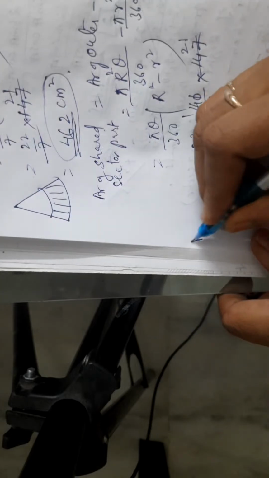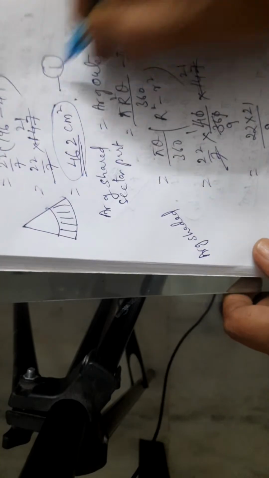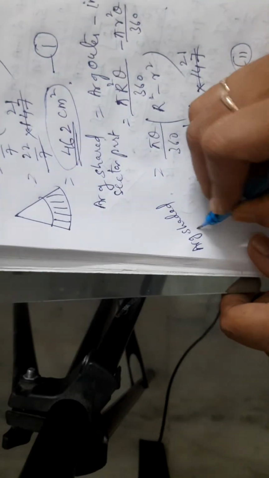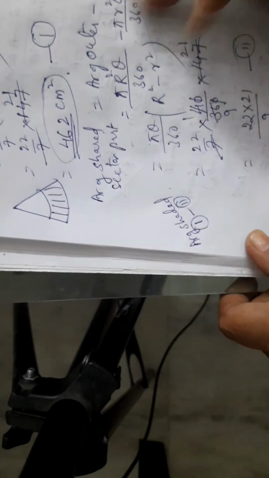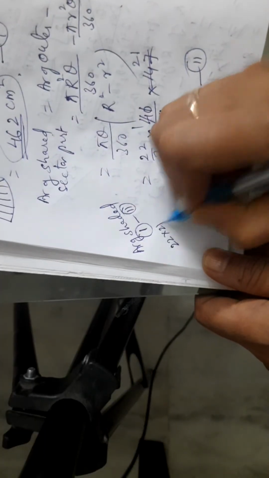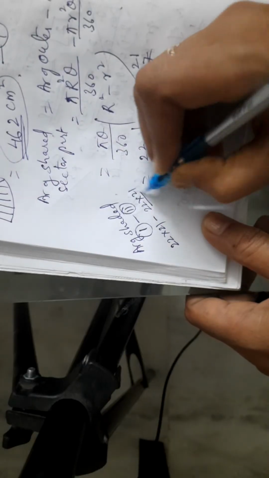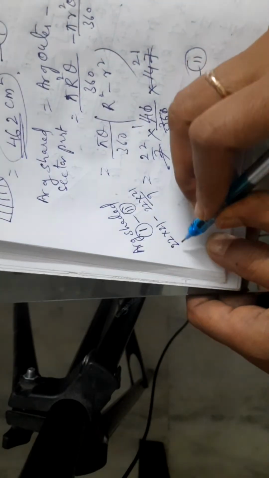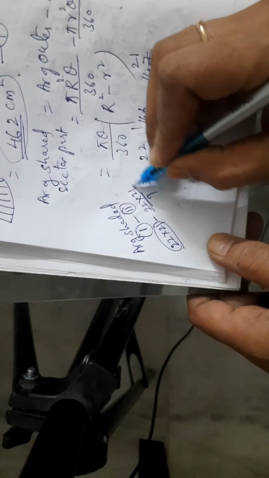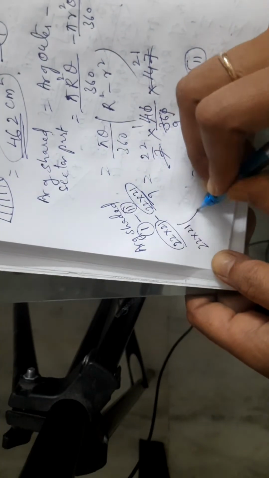So here, area of shaded part: we need to subtract 1 and 2, 1 minus 2. What is our first part? 22 multiplied by 21. The second part is 22 multiplied by 21 upon 9. Here this part is common, so we can take 22 multiplied by 21 common.